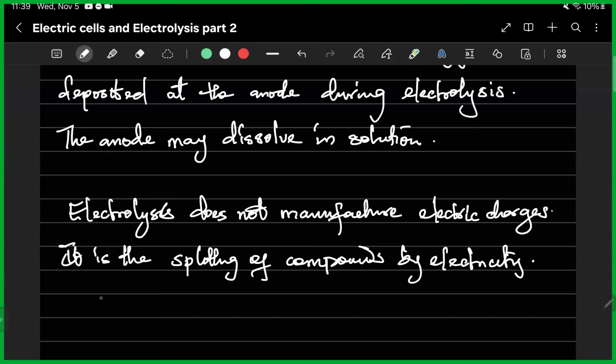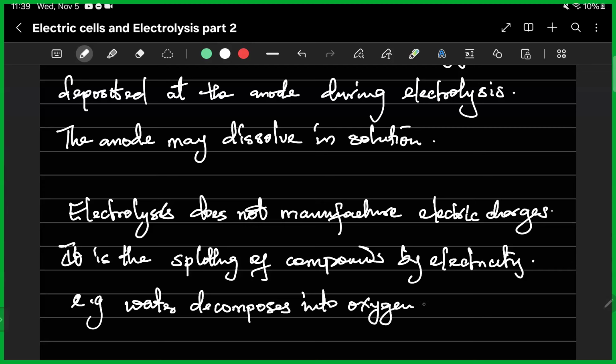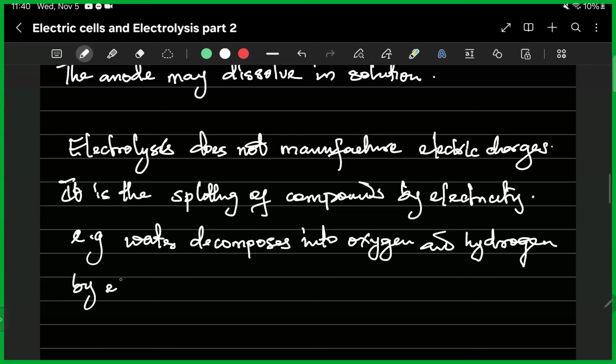For example, water decomposes into oxygen and hydrogen by electric current.